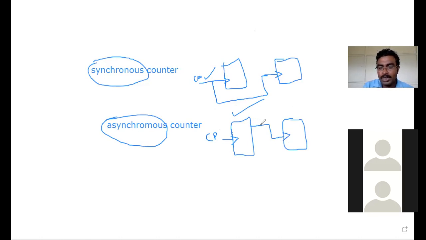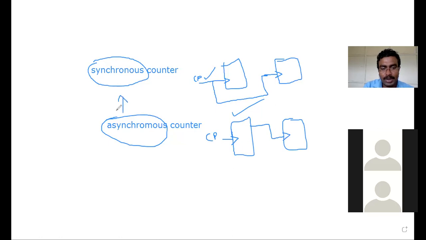After the first flip-flop works and generates some output, that output has to reach the second flip-flop to trigger it to generate some output. So after completion of the working of the first flip-flop, only then will the second flip-flop start to work here. That is the biggest difference between synchronous and asynchronous counters.